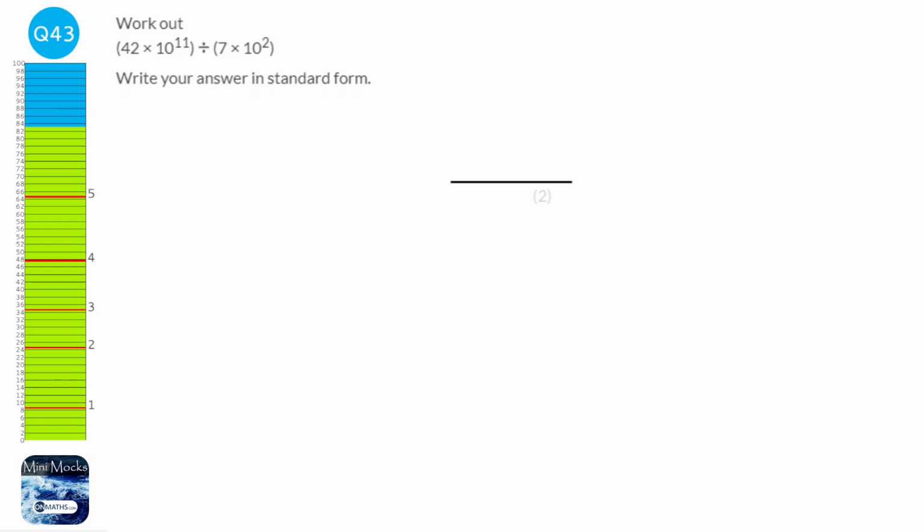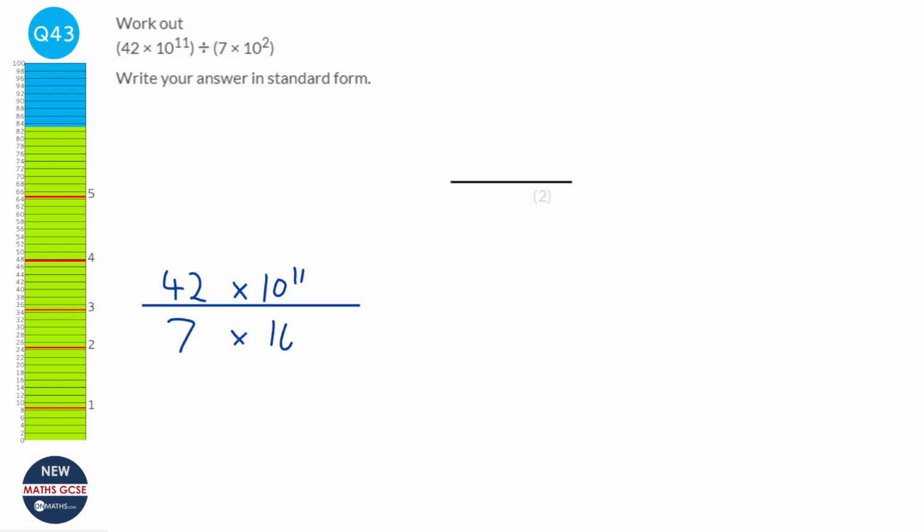First thing I can do with this question is write it as a fraction, because divide just means over. So we're going to have 42 times 10 to the power of 11 over 7 times 10 to the power of 2. And we can actually split those fractions up. So we've got 42 over 7 times 10 to the power of 11 over 10 to the power of 2.